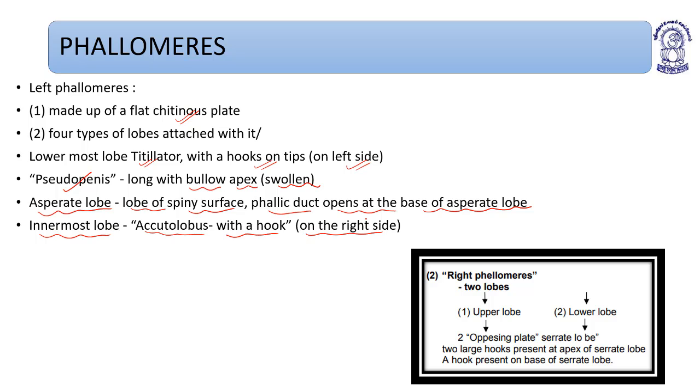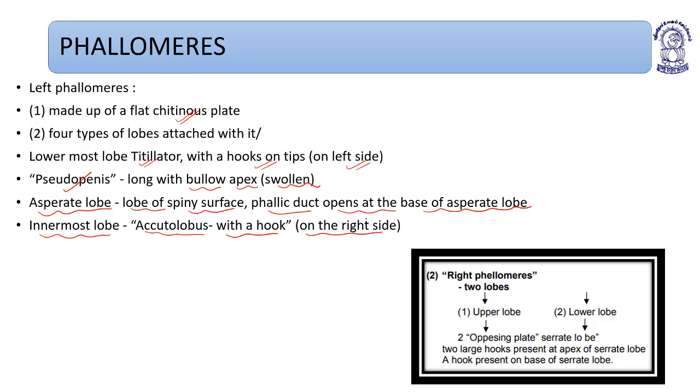So the left phallomere is made up of a flat chitinous plate, which has four lobes. The lowermost lobe has the titillator on the tip, and this titillator has hooks on the left side.